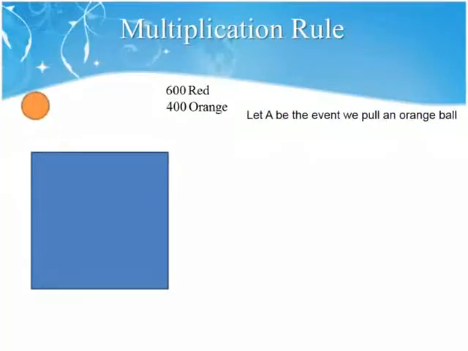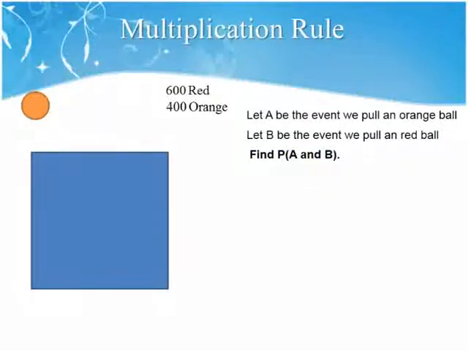We'll let A be the event that we pull an orange ball out, and we'll let B be the event we pull a red ball out. What we want to know is the probability of A occurring and then B occurring. Like we said before, we're talking about without replacement, so this time our ball we're not going to put back in.